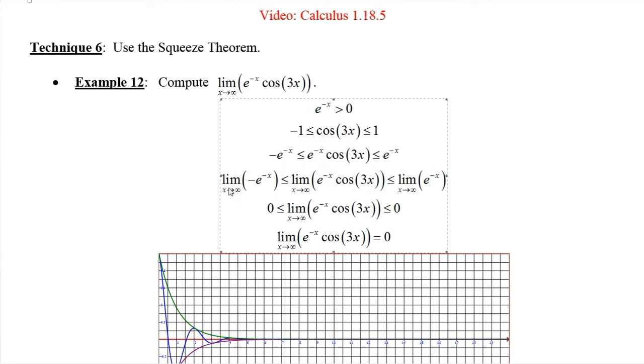Now, this is where we apply the squeeze part. We squeeze it by taking a limit. Notice that the limit on the left, as x goes to infinity of minus e to the minus x, we know if we take a constant to a larger absolute value but negative power, that makes the whole thing go to 0.